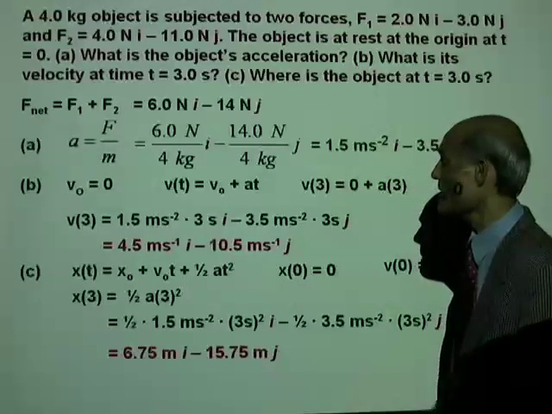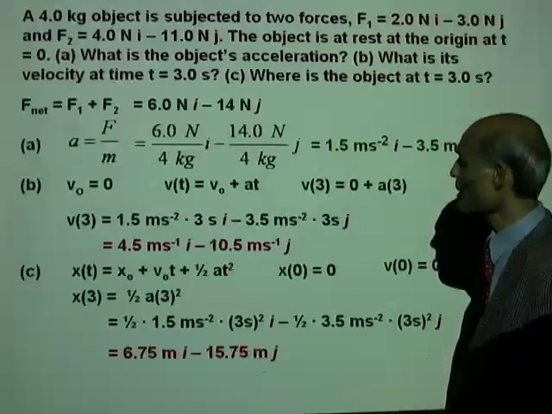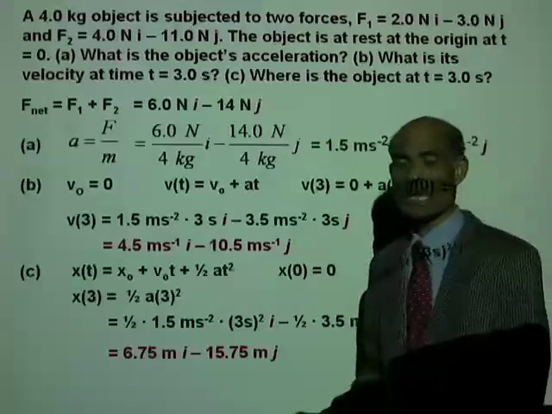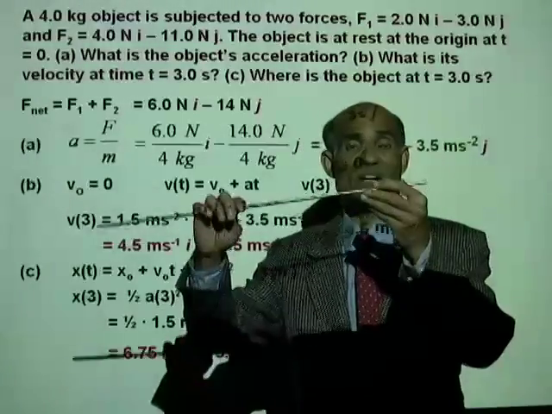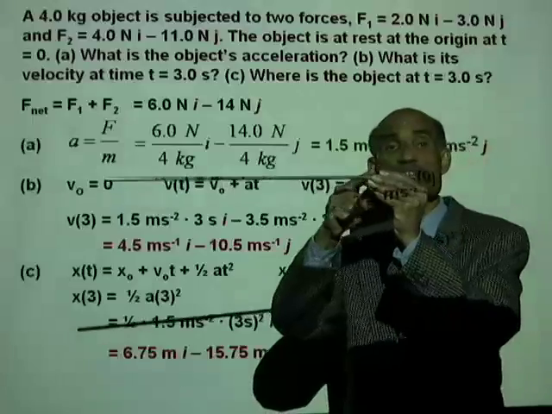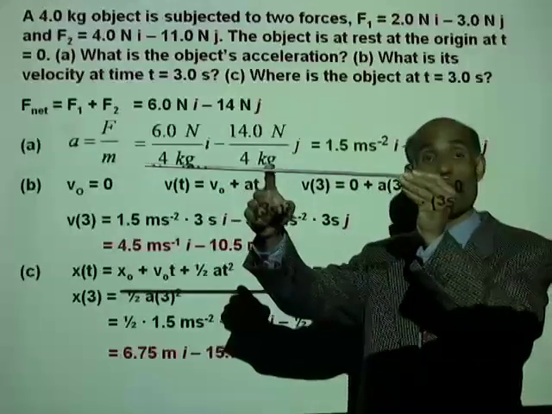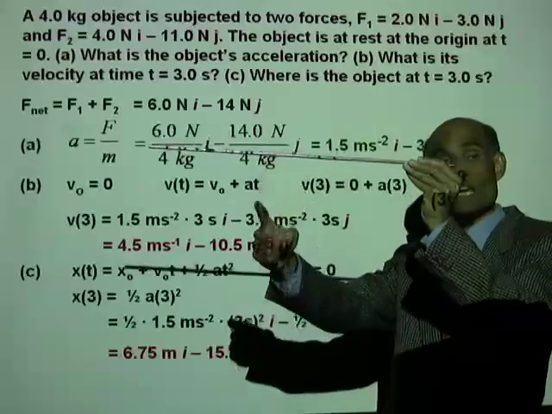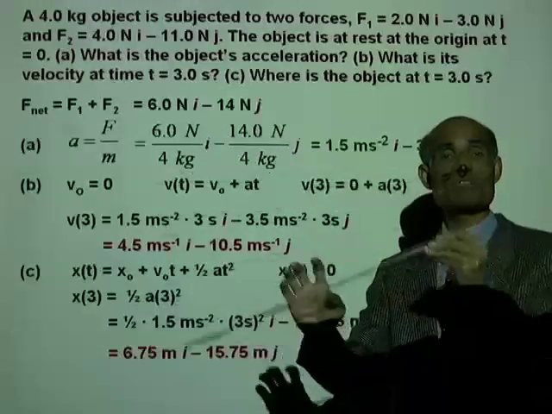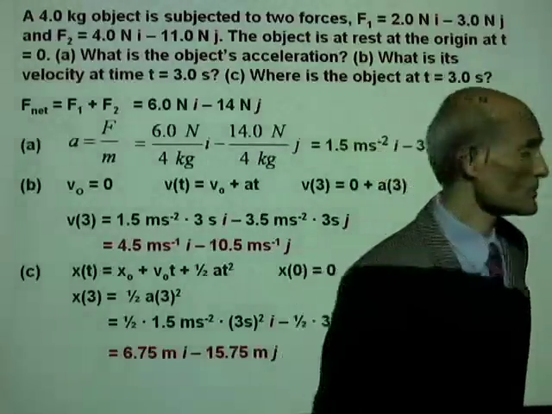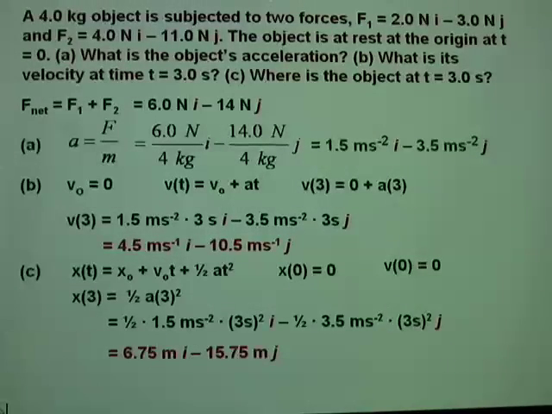6.75 meter i minus 15.75 meter j. In other words, the particle at that time is 6.75 meter along the x direction in the positive way, and negative 15.75. So the particle has moved.